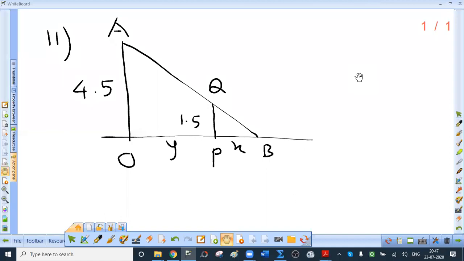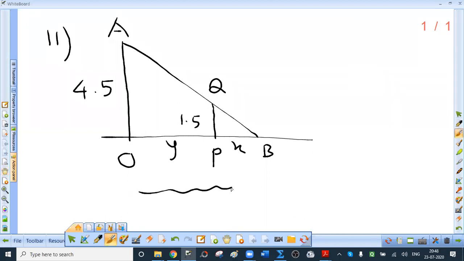Okay, now sum number 11. A man of height 1.5 meter walks towards a lamp post of height 4.5 meter at the rate of 3 by 4 meter per second. Find the rate at which his shadow is shortening, and second, the rate at which the tip of the shadow is moving. So first draw the diagram. The initial part of the solution will be the same.